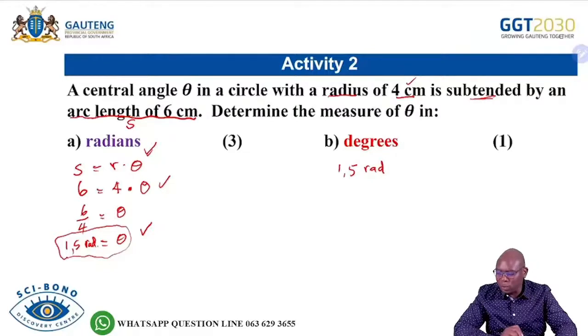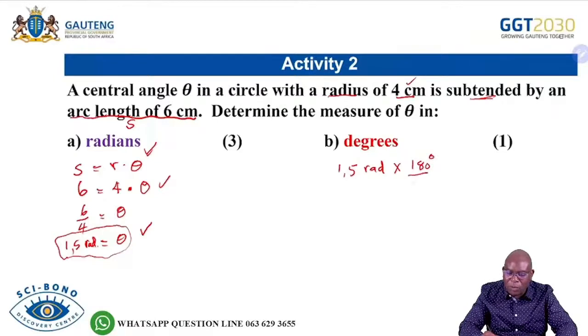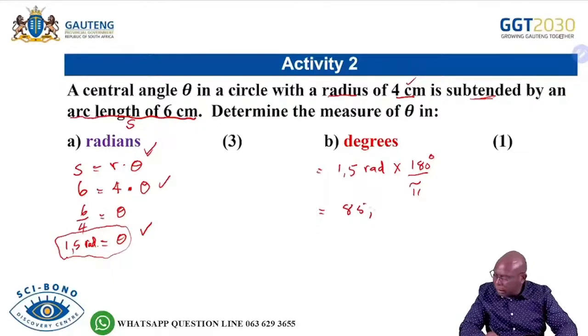I want to change them to degrees. What should I do to change them to degrees? Remember, it's 180 degrees over pi, which in degrees is going to give me 85,9 degrees. Let me quickly check again.